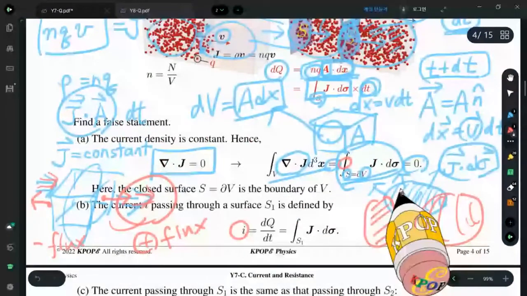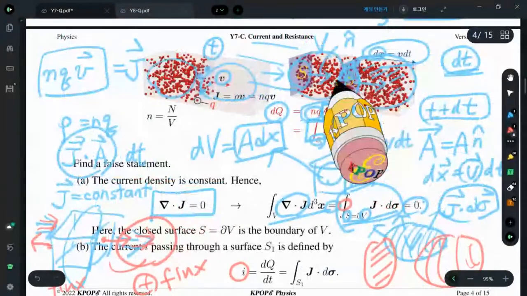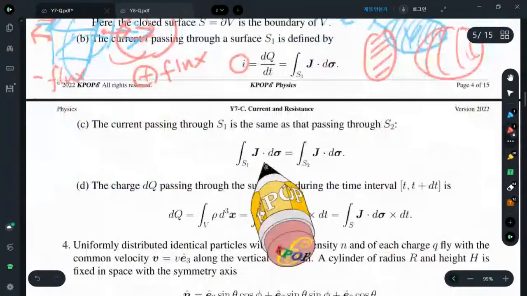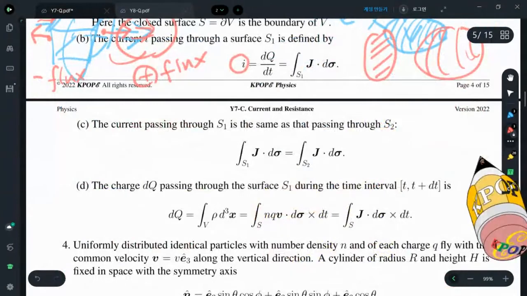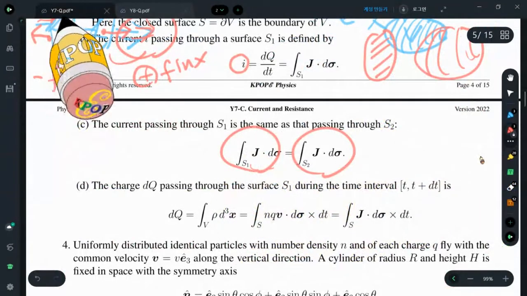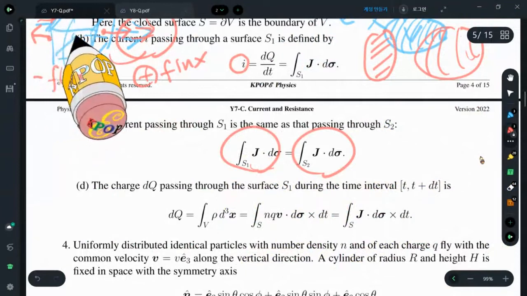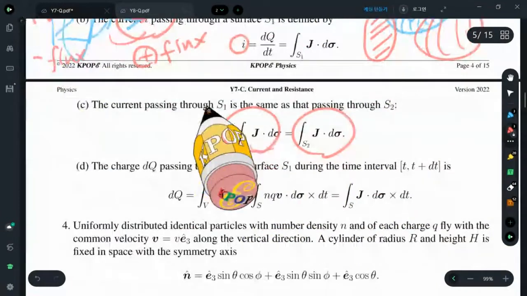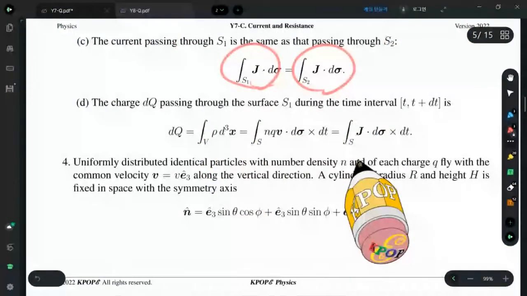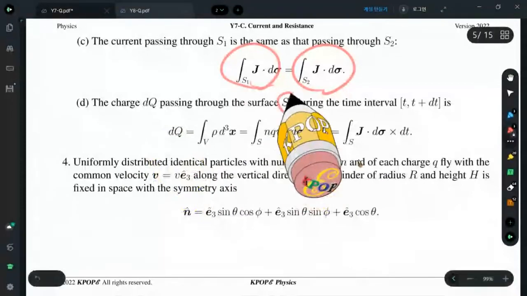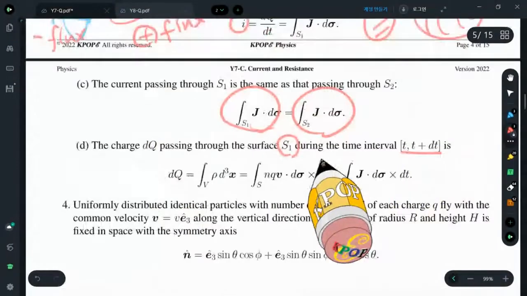In here, S1 and S2 has the same vector. The directions are the same, so these are the same. N is the same. If I choose the direction from inside to outside, they are opposite. The charge passing through the S1 during this time interval.